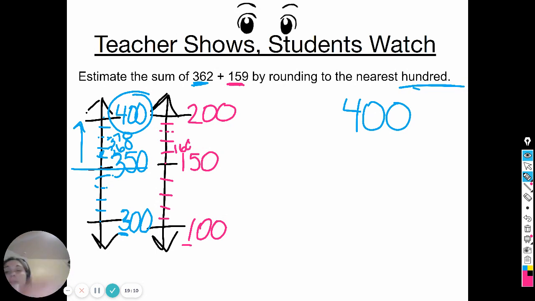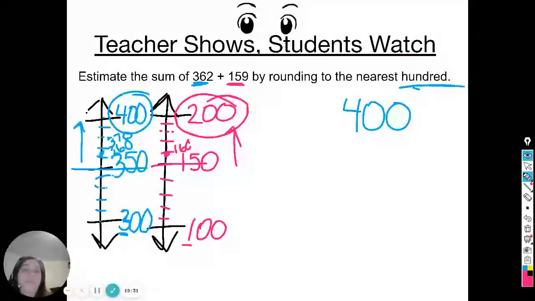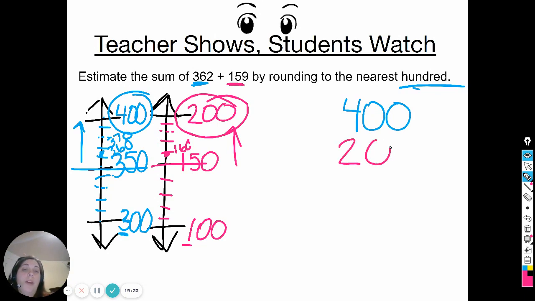Now 159 is above 150 and it's almost to 160 because right after 159 is 160. It's very close to halfway, but it's still above halfway, so we're going to round up to 200. So I'm going to put that 200 over here in my equation.